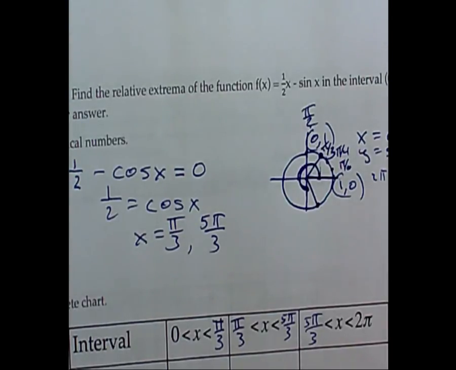That works. Can I tell you why I chose pi over 4? Because I knew at pi over 4, both x and y are the same value. The cosine and the sine are the same. I knew it didn't matter. So if I got asked about sine, I knew it would be the same answer if I got asked about cosine. Do you understand what I'm saying?